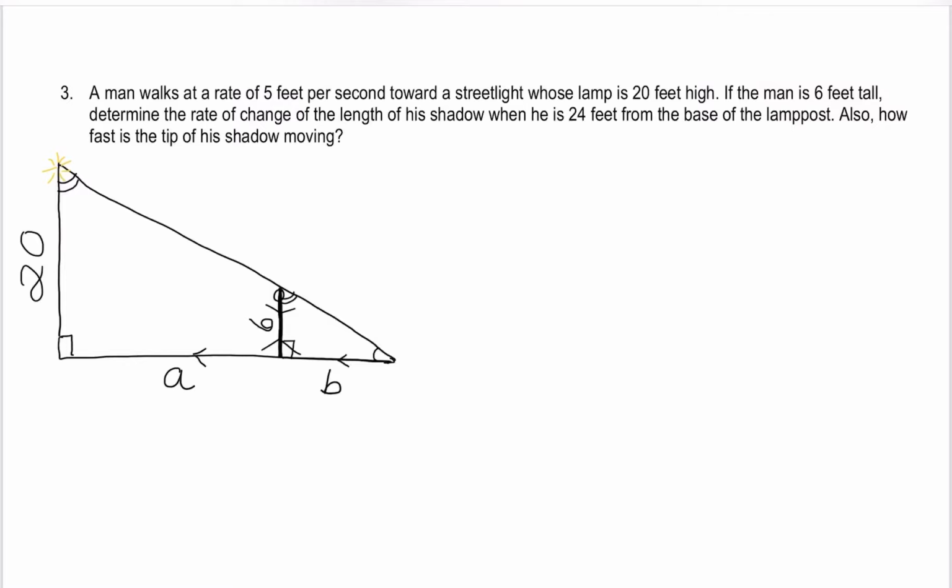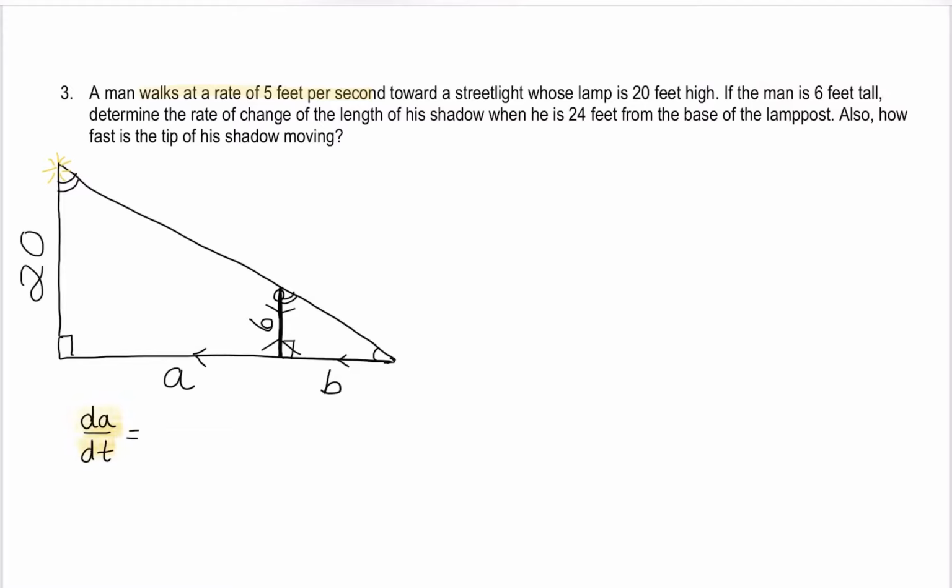All right, so let's see what we have. We're told that he is walking towards the light, so that's how fast A is changing with respect to time. Now, we have to be a little careful here. Yes, he's walking at a rate of 5 feet per second, and that's going to be my dA dt.